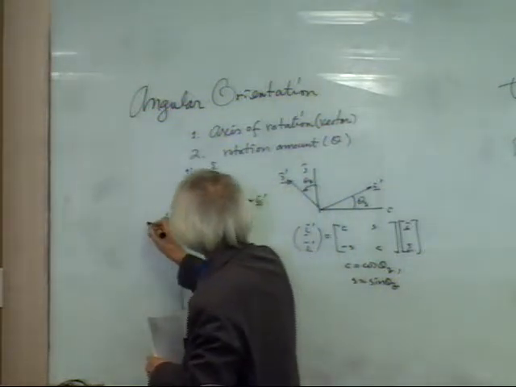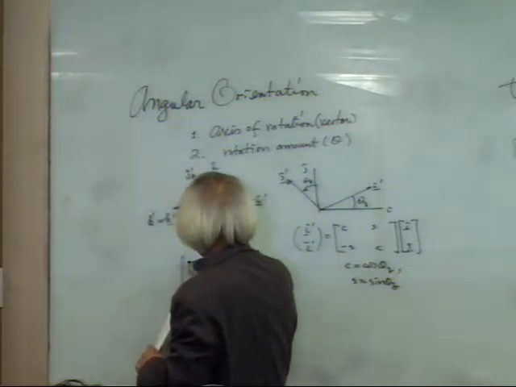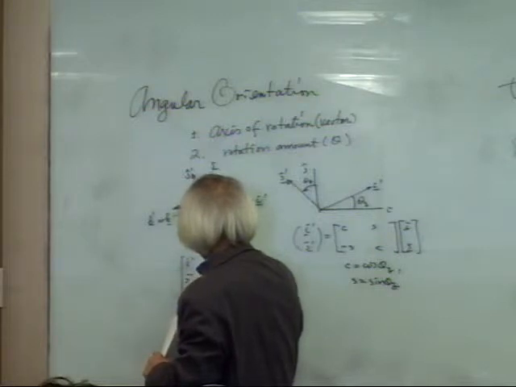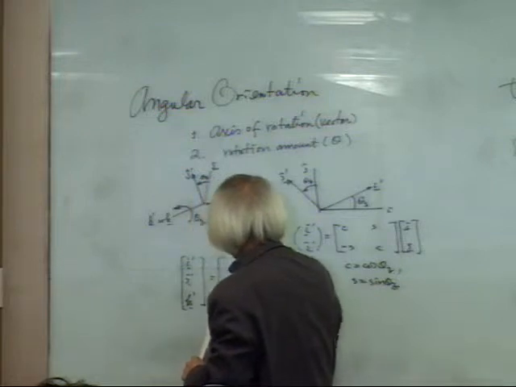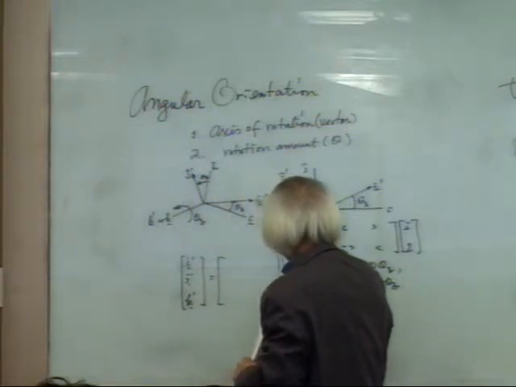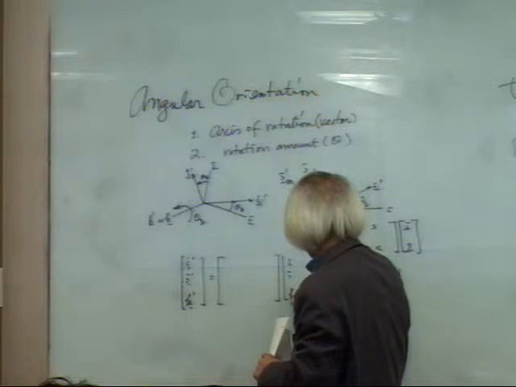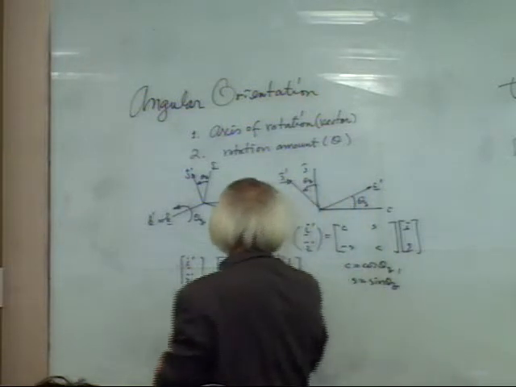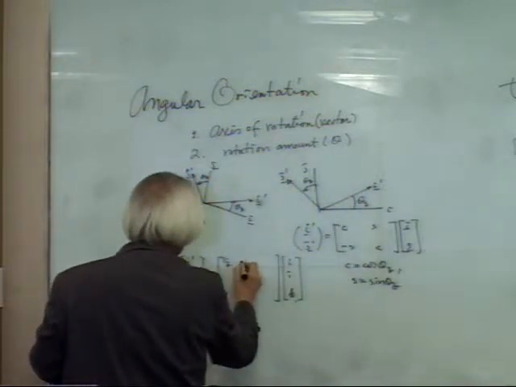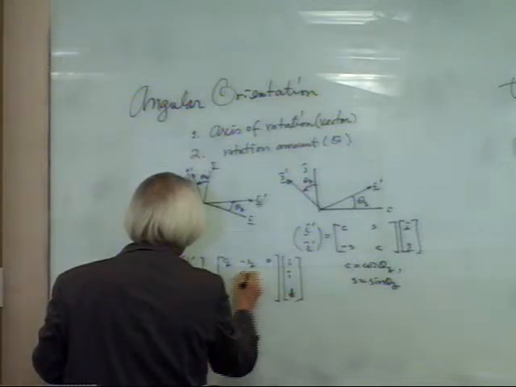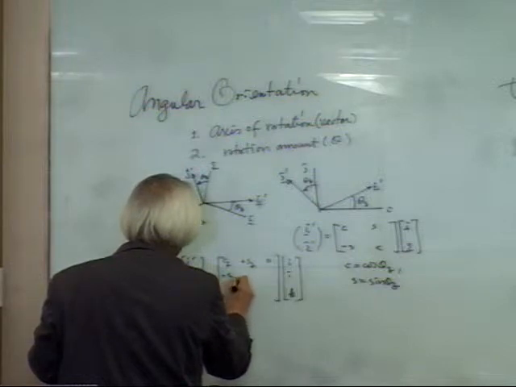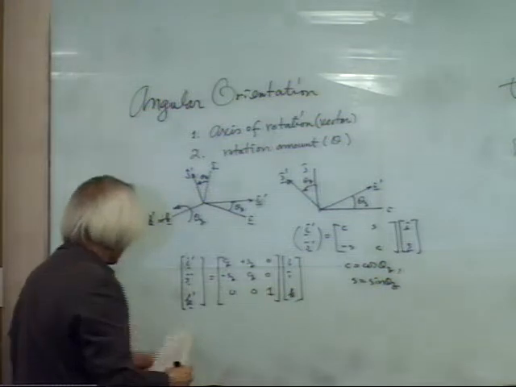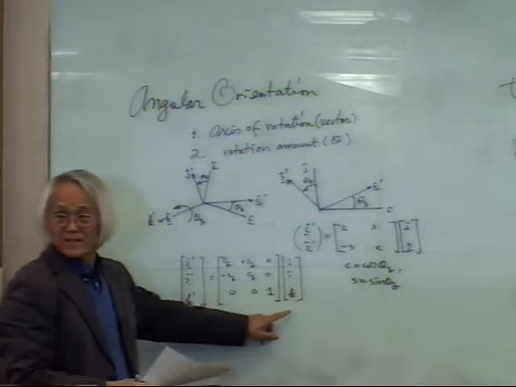So K prime is K. So I prime, J prime, K prime, you write this way: I, J, K. So this is C, minus S, 0, S, C, 0, 0, 0, 1, because 1 means K prime is K. Okay?